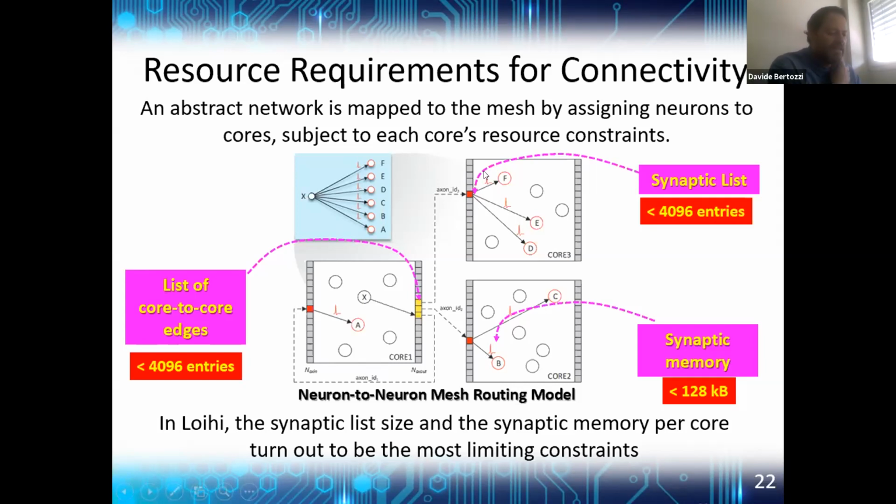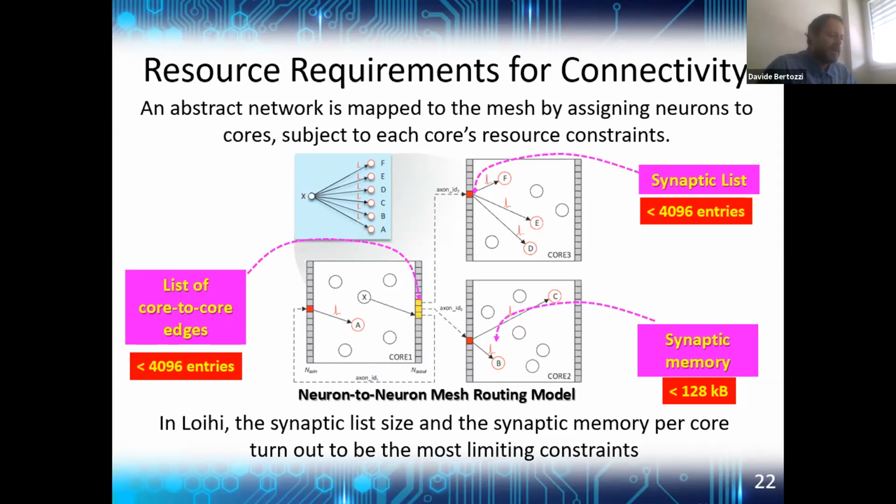So this connectivity architecture can in principle support arbitrary multi-graph networks, but we need to take into consideration the actual resource constraints. In theory, you can do whatever you want, but in practice, you have resource consumption constraints. And let's take a look at them, because this is a fundamental vulnerability for the scalability of neuromorphic chips.